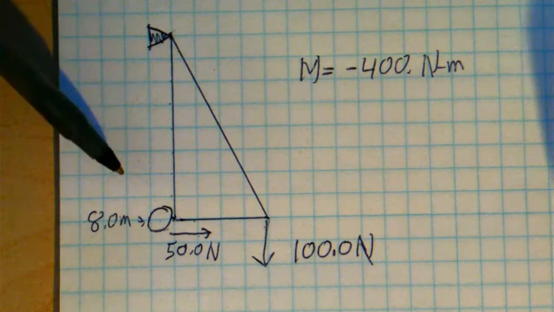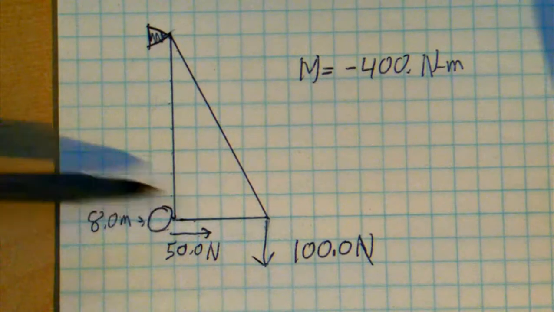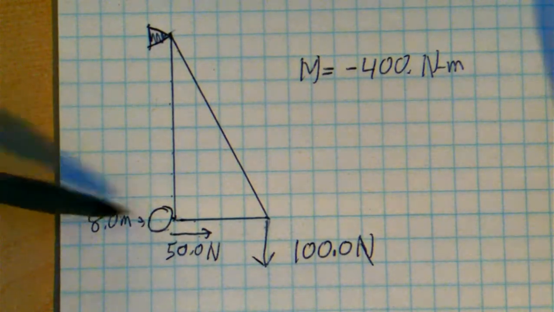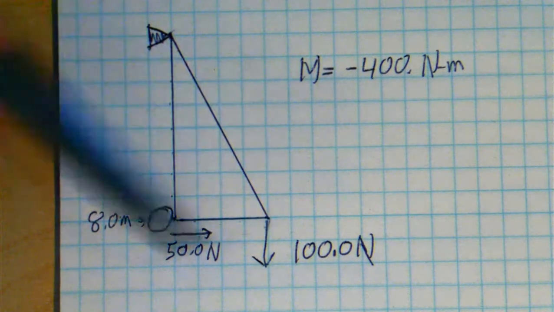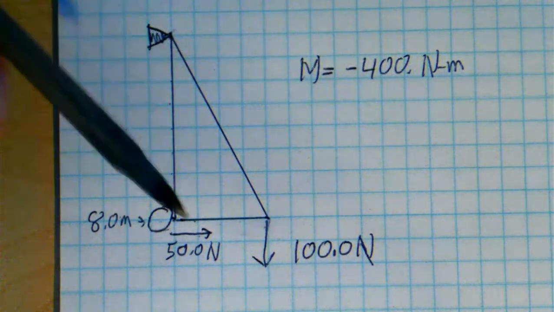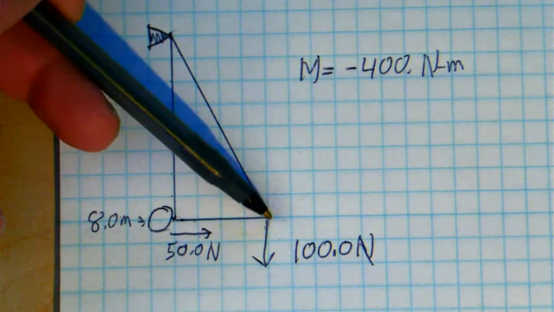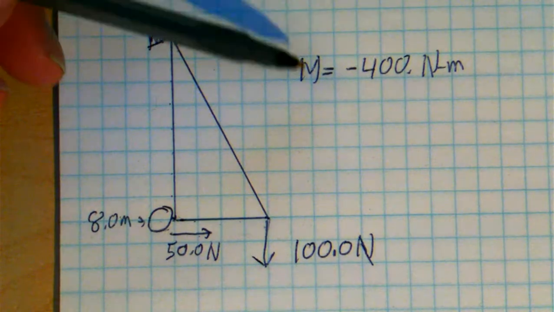So yes, the wall is necessary to counter this load. It's pushing 50 newtons to the right because 8 times 50 is 400. Positive 400 of counterclockwise torque will cancel the negative 400 Newton meters of the clockwise moment caused by the load. Sometimes they call it torque. Project Lead the Way always calls it moment.